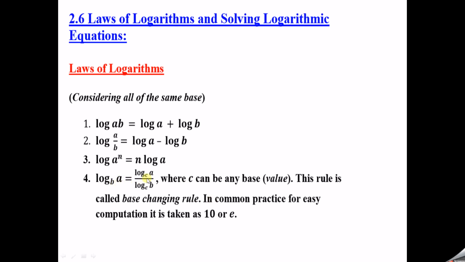We can introduce that C as a base, and we can write log A to the base B as log A to the base C divided by log B to the base C. So generally we take these logarithms to the base 10 or to the base e. In the calculator, the logarithms to the base 10 are given as log, and the logarithms to the base e are given as ln.